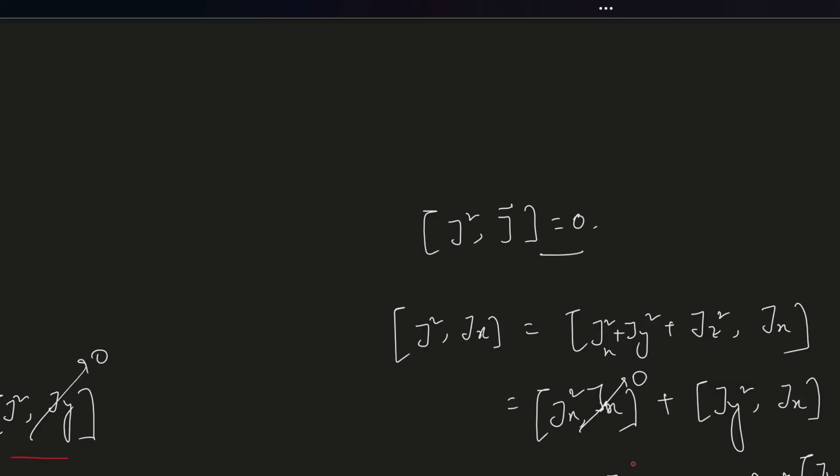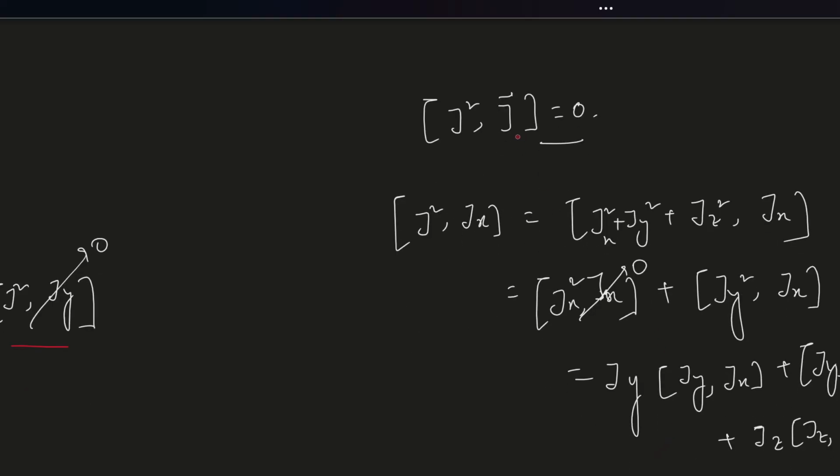That you can also derive for one of them. You can take the Jx component and then solve it, and you can decompose the J square as Jx square plus Jy square plus Jz square summation, and then when you take each of the terms separately, you will get this kind of a form, Jy Jx and so on. So this Jx square Jx becomes automatically 0, but the Jy terms give Jy Jx Jy plus Jy Jy Jx, right?